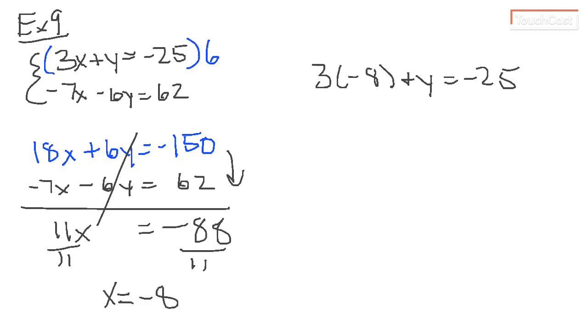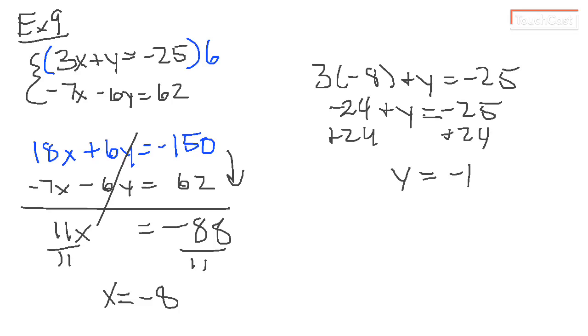I just look at this one and I think it's going to have less work. 3 times negative 8 is negative 24 plus y equals negative 25. So if we add 24, we're going to get y equals negative 1. So our solution is going to be negative 8, negative 1.